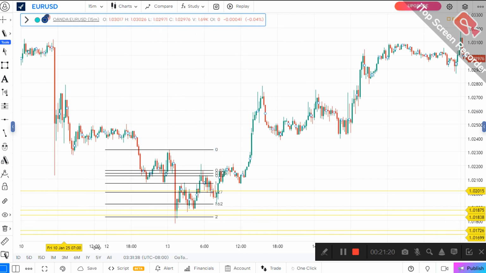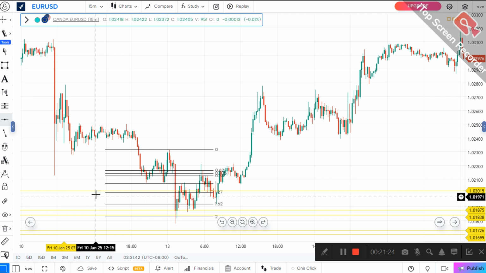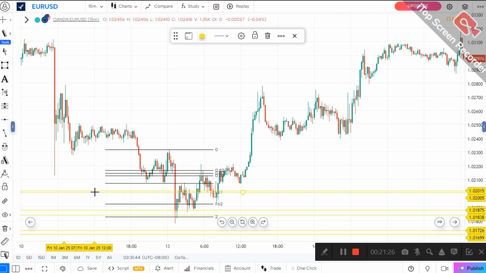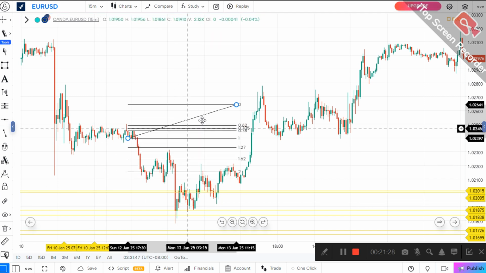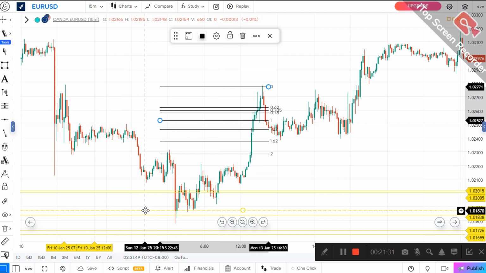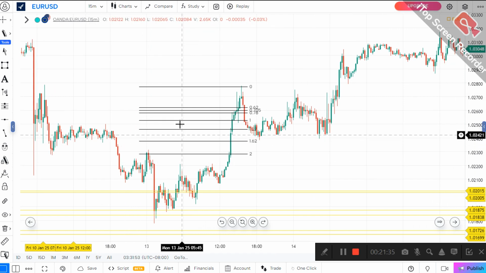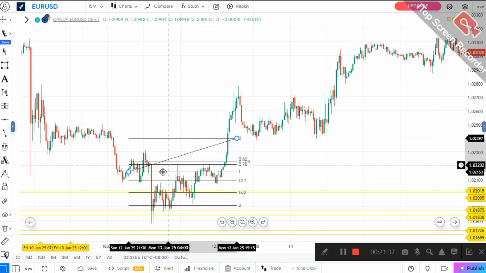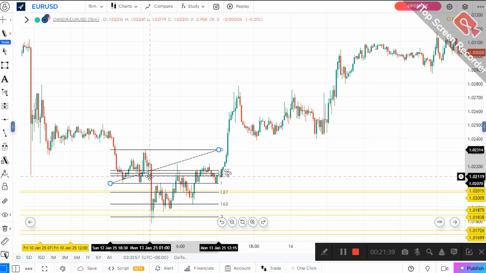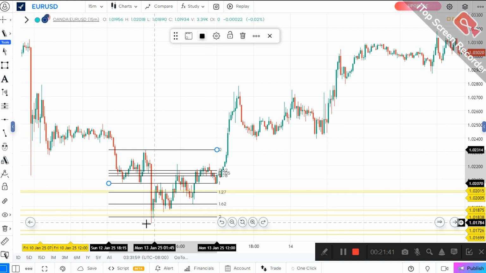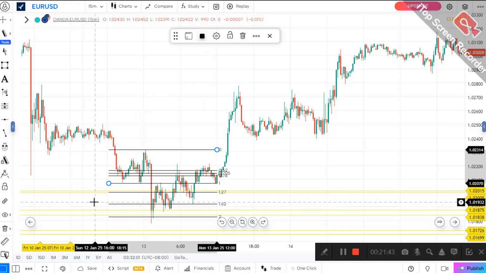And again, we have too much close. Yes, guys. Again, we have too much close. The third level could be the 1.27.